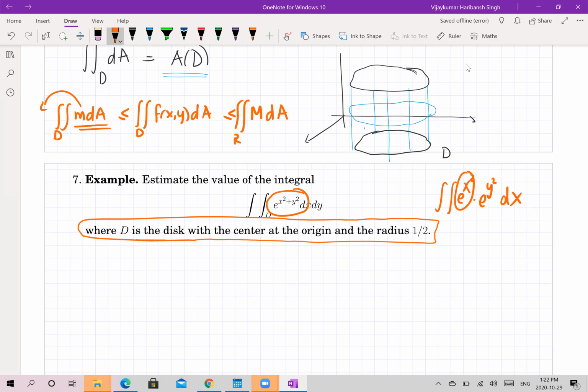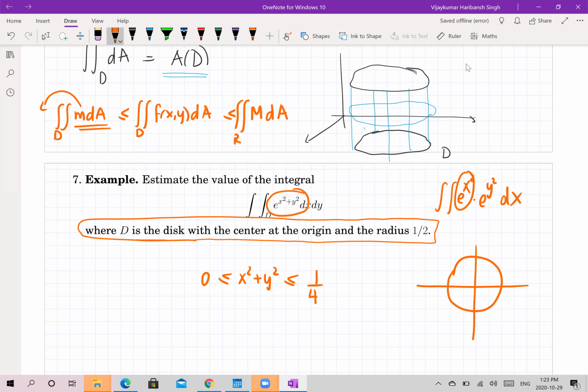So how do we go about estimating it? For that, notice the following. We are on the disk of radius half, so x squared plus y squared is going to be less than or equal to 1/4, and clearly it's going to be greater than or equal to 0.